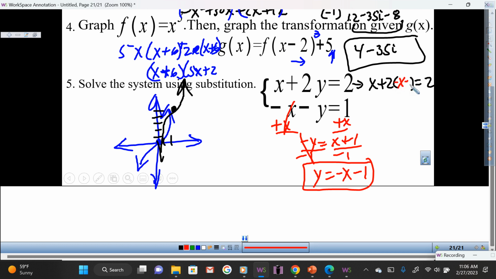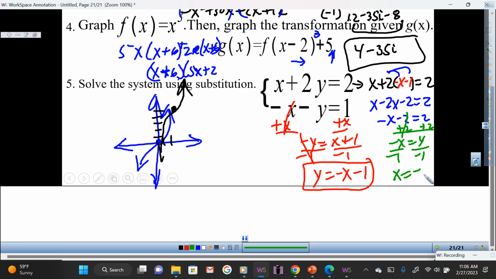Negative x minus 1, yes. So distribute, so we got x minus 2x minus 2 equals 2. Combine. This is negative x minus 2 equals 2. Plus 2, plus 2. Negative x equals 4. Divide by negative 1. x equals negative 4.